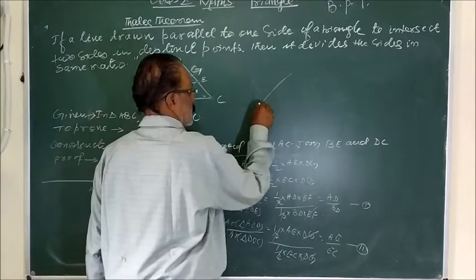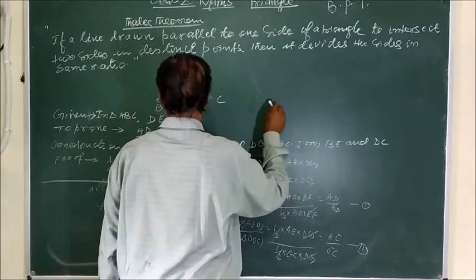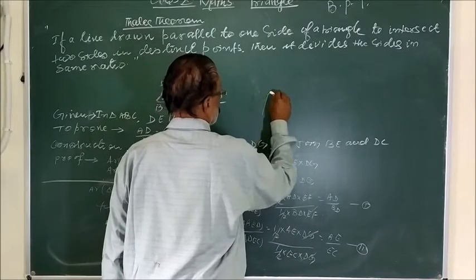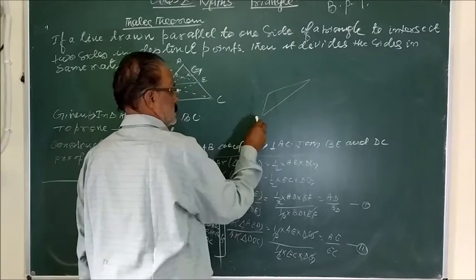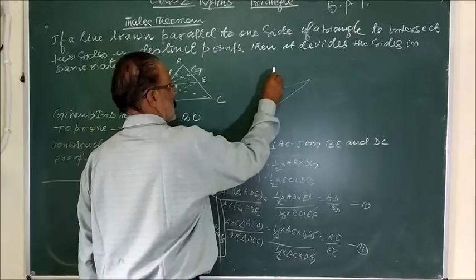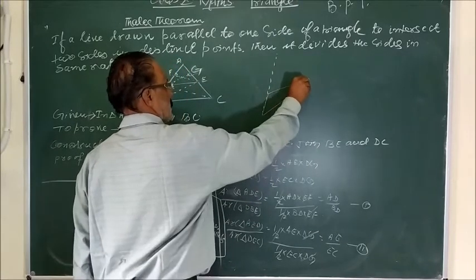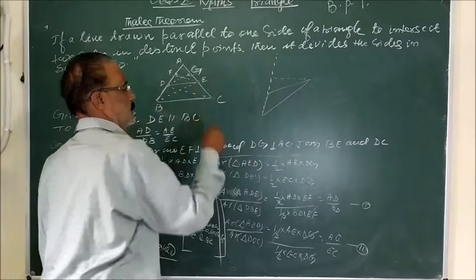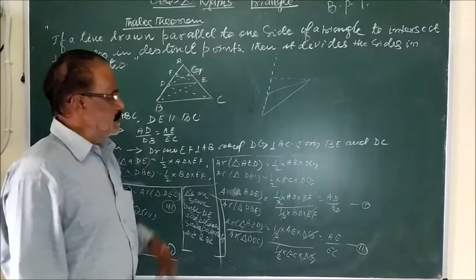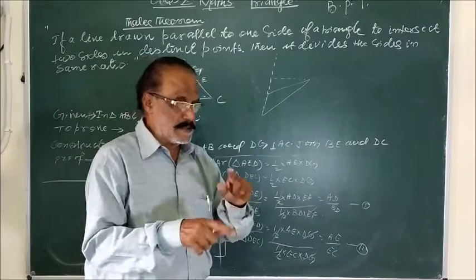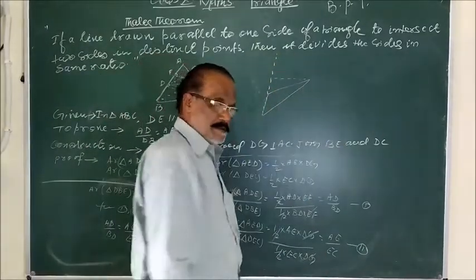Obtuse triangle जब होता है, obtuse triangle, suppose you have to draw a perpendicular on this, so you can extend the side and then you can draw the perpendicular. This is the perpendicular for this triangle. In an acute triangle, the perpendicular is inside.